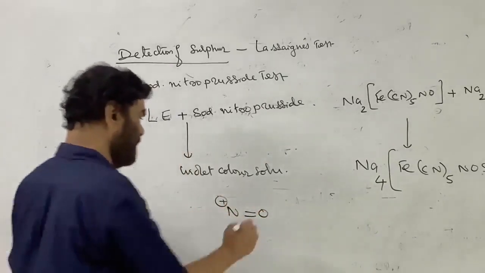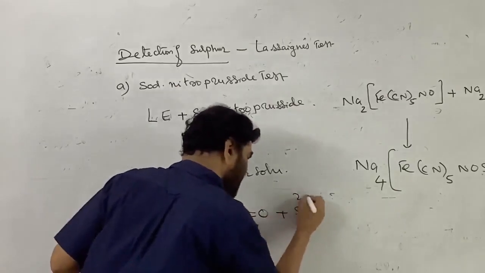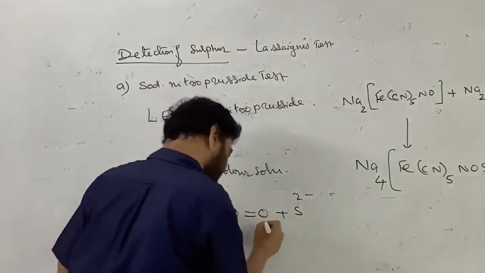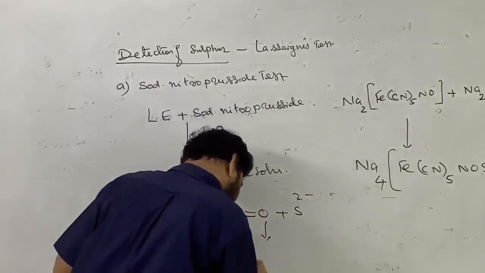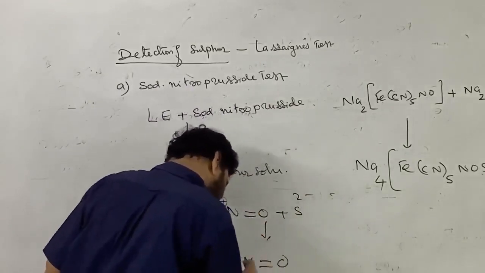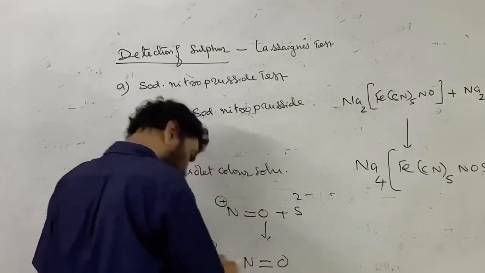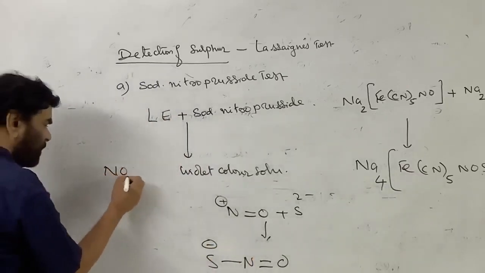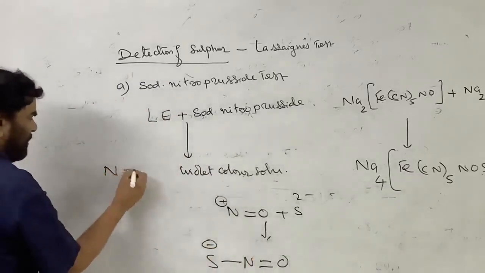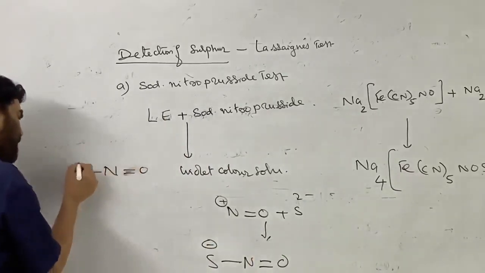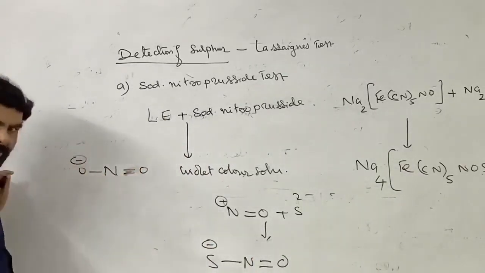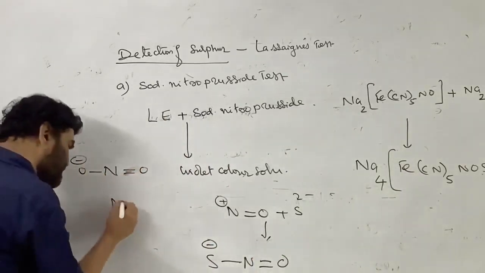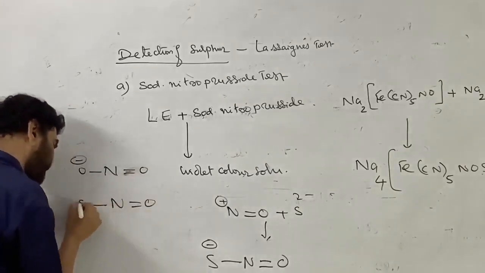Now we are adding the sulfide ion, so combining, forming N double bond O with sulfur, one negative charge gone, positive charge. It is like NO2 minus, the nitrite ion. This is the thionitrite ion.